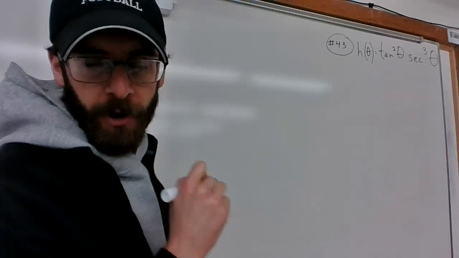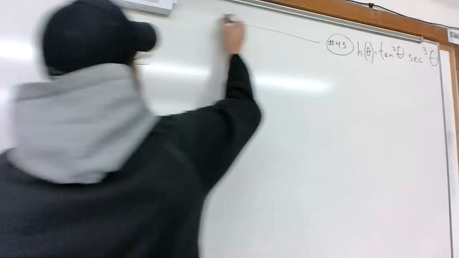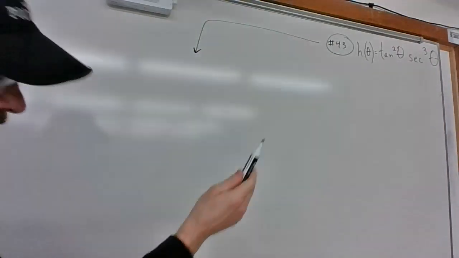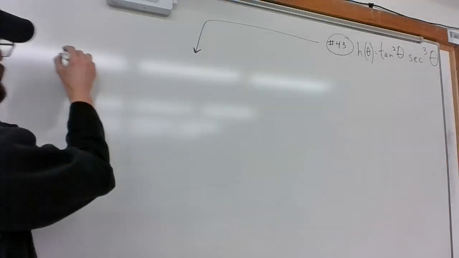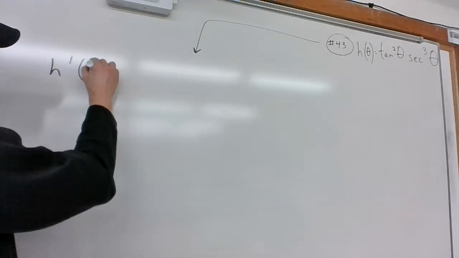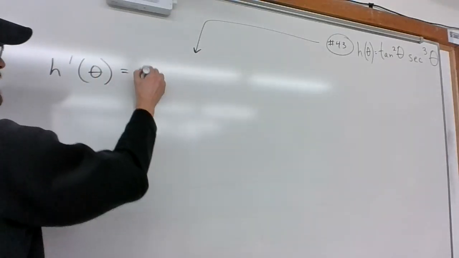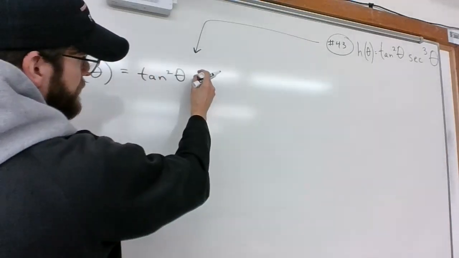All right, so it looks like we got product rule with chain rule nested in both parts. This might get ugly. All right, we are going to rewrite in black, derivative in red. So h prime of theta equals, my first function is tan squared theta, times my second function.